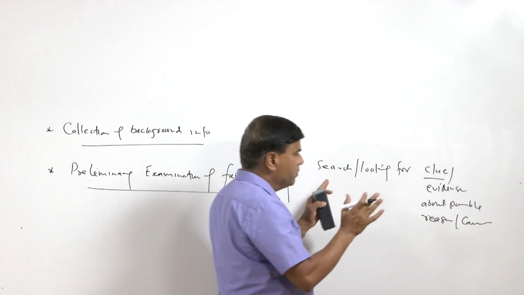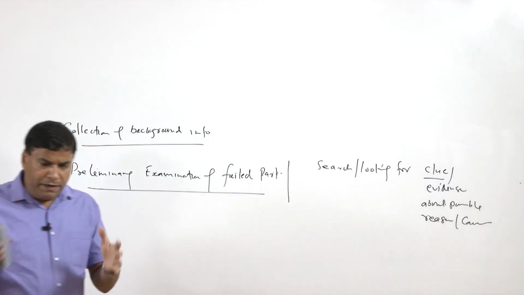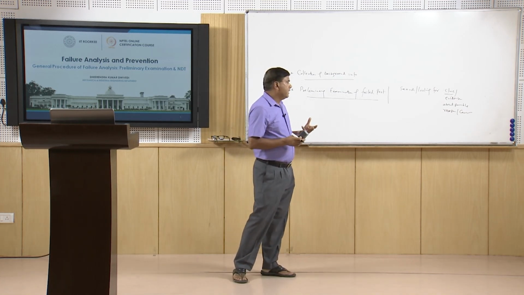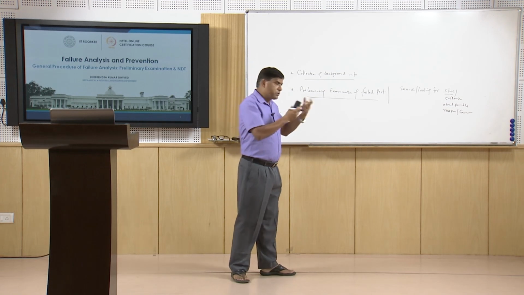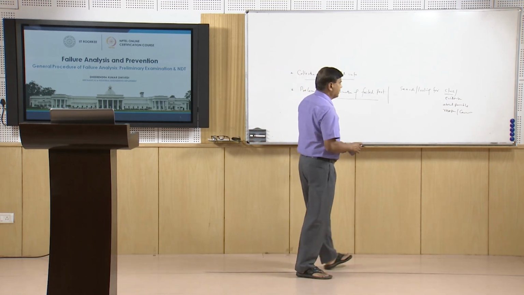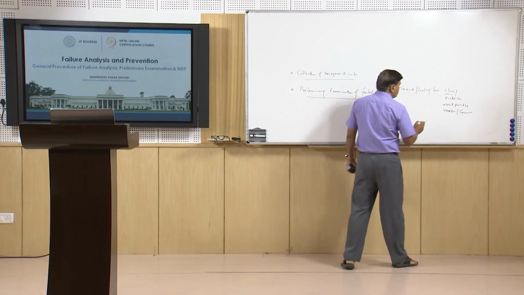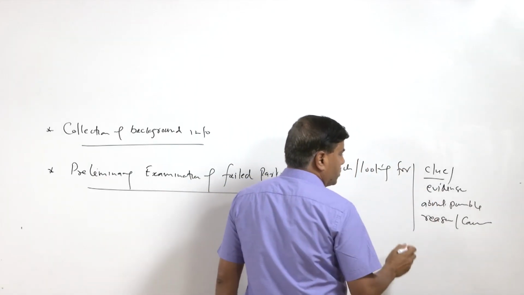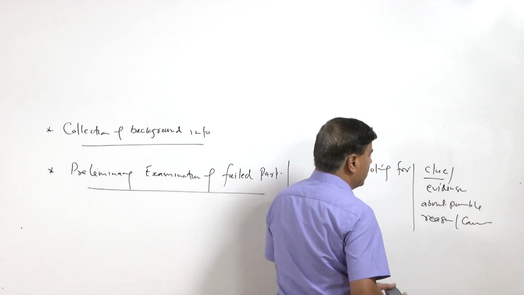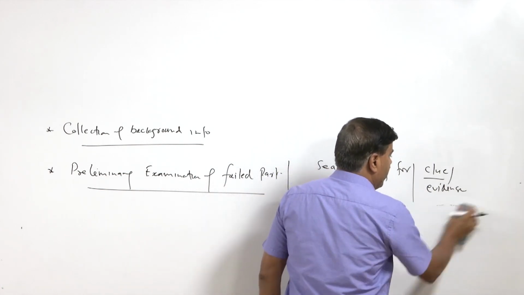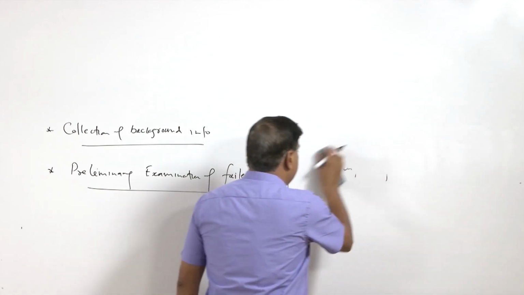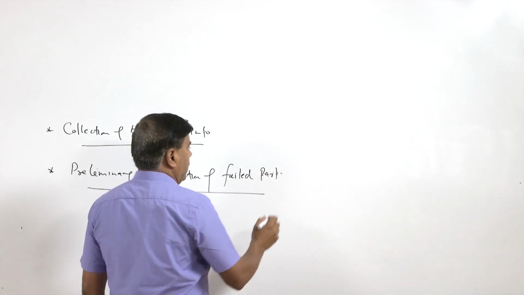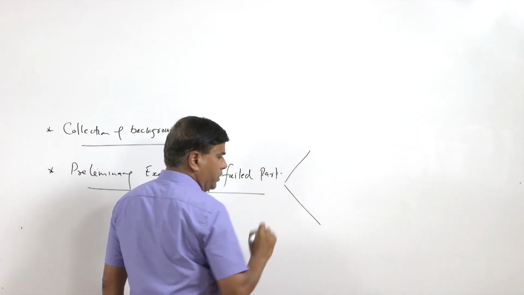So, we need to see the failed component itself, which can indicate the possibility of the reason because of which the failure has occurred. So, this is the main objective. We are trying to look for the clues and evidences, so that the possible reasons or the cause for the failure can be identified. And for this purpose, basically two approaches are used.